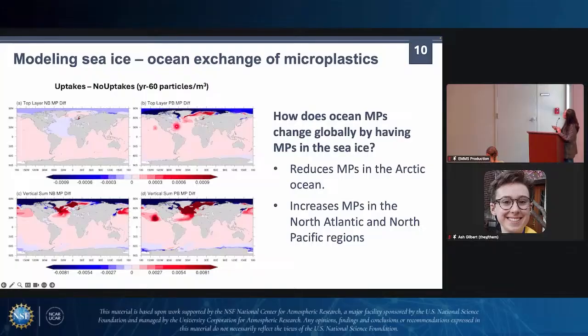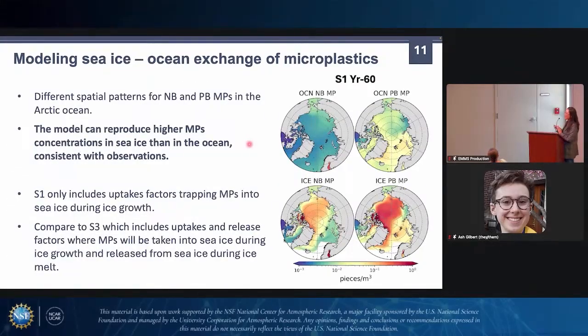Now let's switch gears and see what happens in the Arctic. Here I'm showing the ocean surface microplastic concentrations and microplastic concentration in the ice in year 60 of simulation 1. And we can see two things. First, there are some differences in the spatial maps for neutrally buoyant and positively buoyant microplastics in the Arctic Ocean.